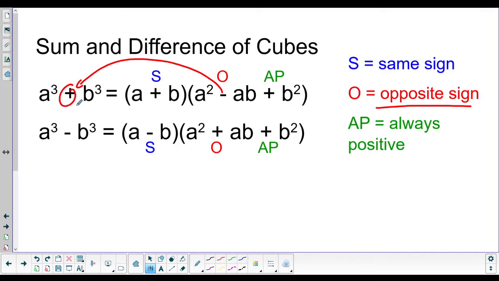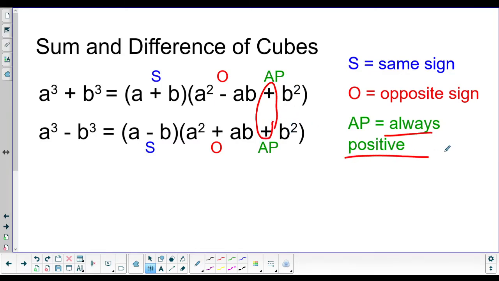So because this is a plus, minus sign. Because this is a minus, plus sign. Then this last sign, before the b squared, is just always positive. So same, opposite, always positive gives us what I affectionately call the SOAP formula.